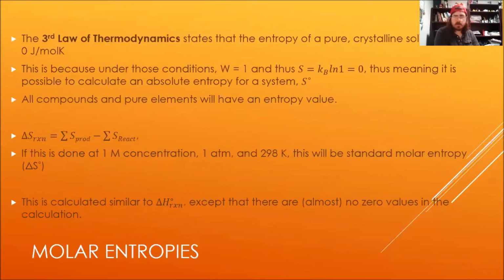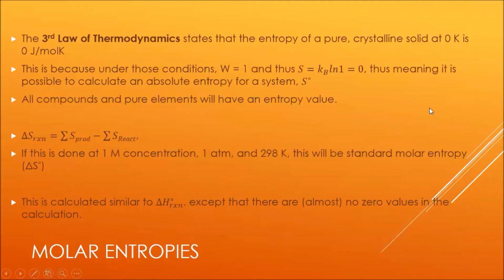Now, this will lead us into the third law of thermodynamics, though. The third law states that the entropy of a pure crystalline solid at 0 degrees Kelvin is 0. There is a 0 entropy value, but it is at absolute 0 Kelvin. So let's think about that.